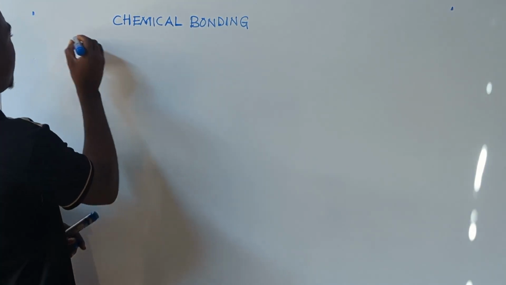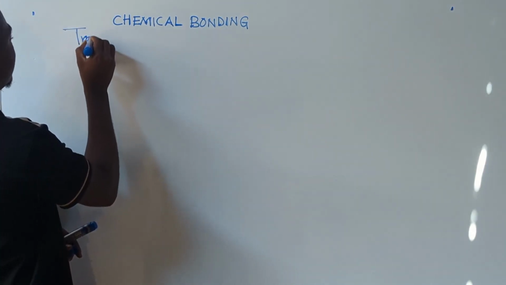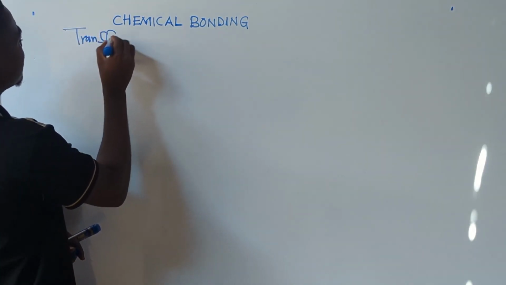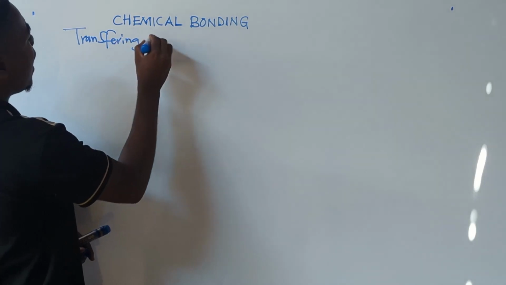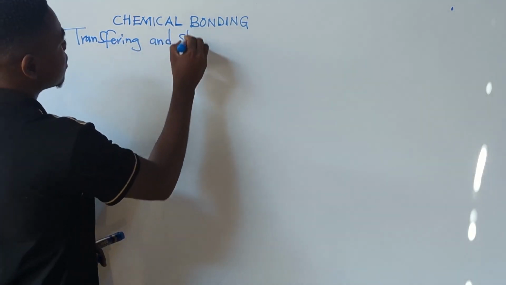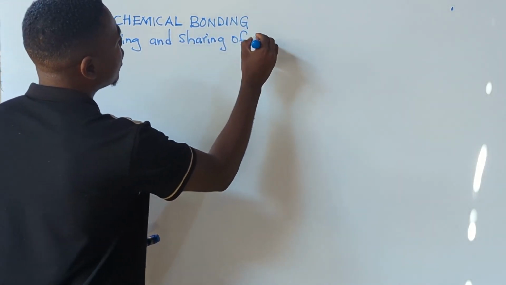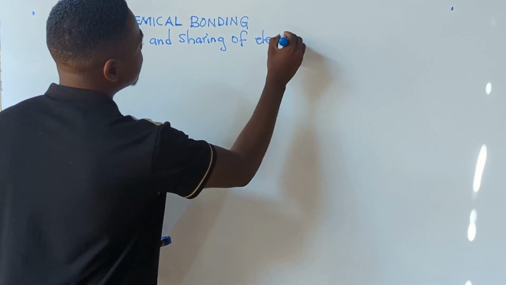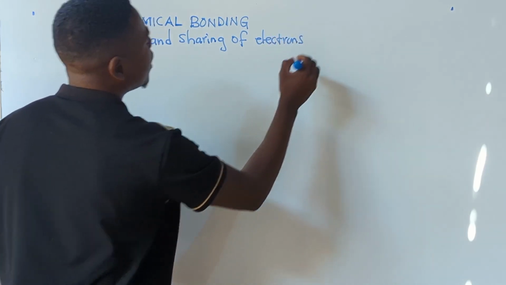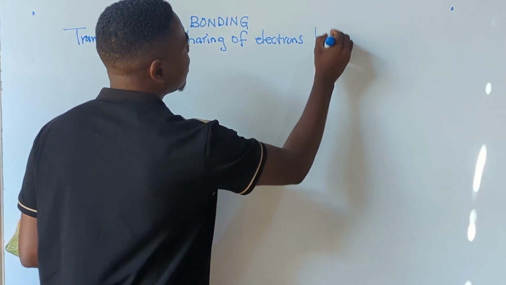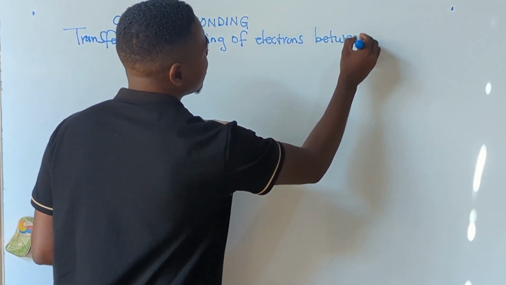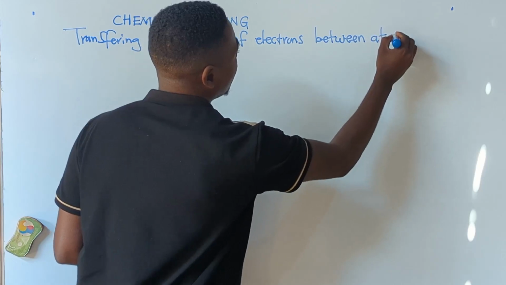We are now talking about the transferring and sharing of electrons. The transferring and sharing of electrons between what? Between atoms is what we call chemical bonding.